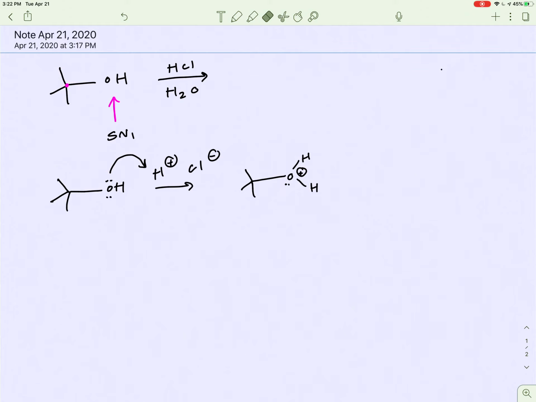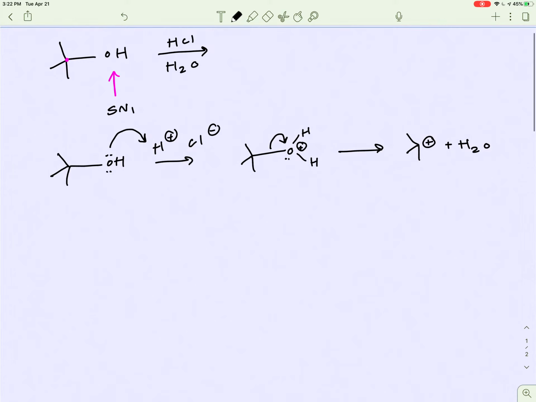Alright. Since this mechanism is an SN1 mechanism, we know that a leaving group will just leave by itself without any nucleophilic attack. So this is just going to leave by itself, and we're going to form a cation right here. And we're going to have water. But again, we still have the Cl minus in our solution, which was this one right here. So the minus is going to attack the positive, and we're going to end up with this.